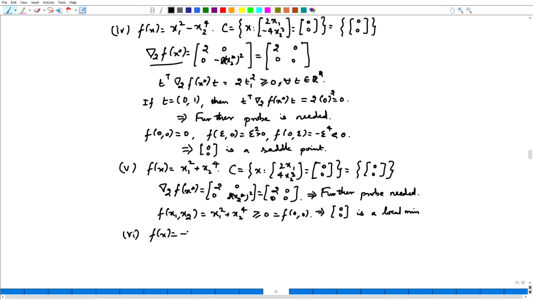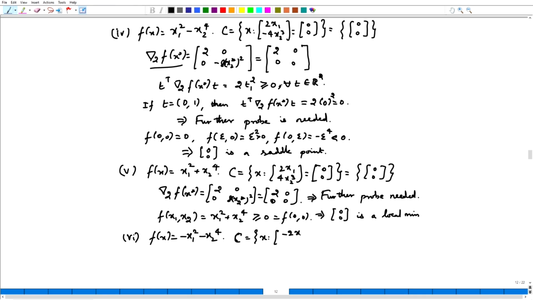In a similar way, consider f(x) equal to minus x1 squared minus x2 to the power 4. The analysis is again the same. The gradient is (minus 2 x1, minus 4 x2 cubed), and the set of critical points is just a singleton set (0, 0).